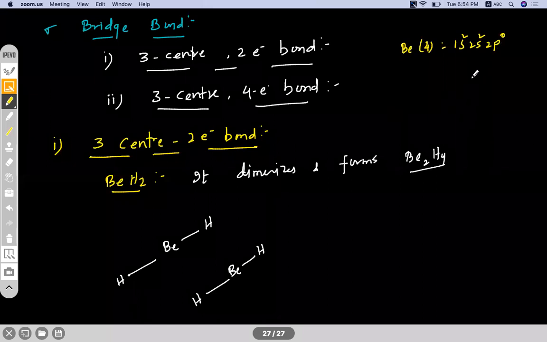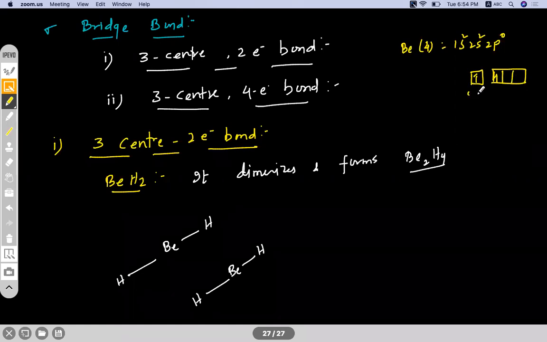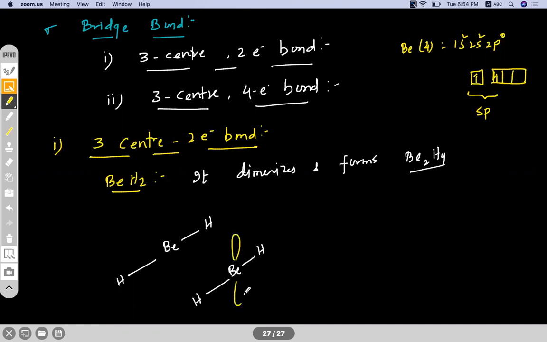In the excited state, 2s has 1 and the other electron jumps into the 2p shell. These two go under hybridization and form sp hybridized orbitals, and these two are the vacant orbitals. So the point I'm trying to make is, along with this bond, beryllium has a vacant p orbital present.